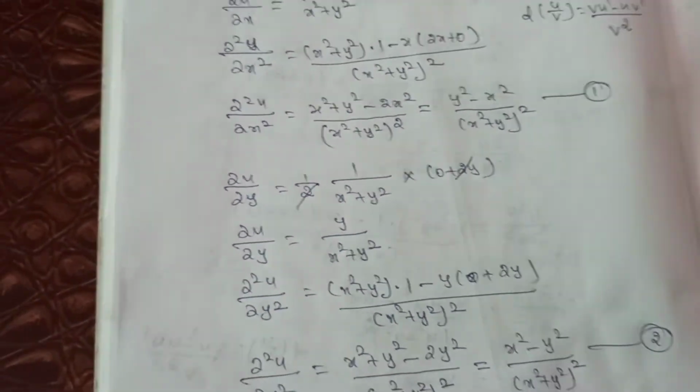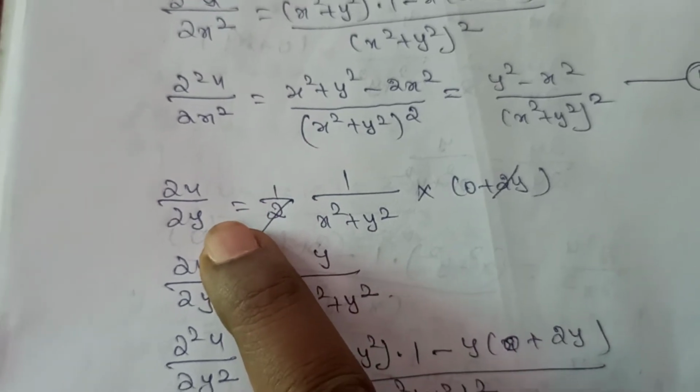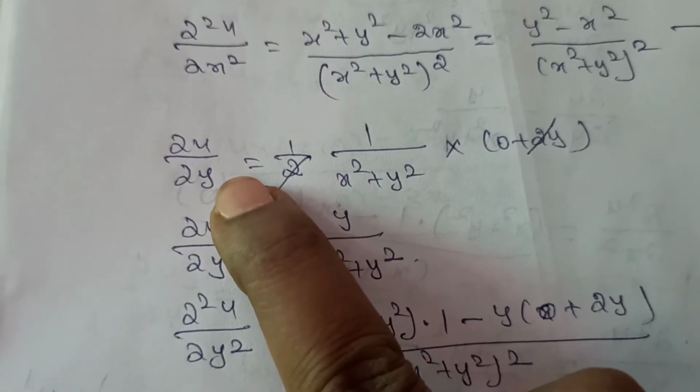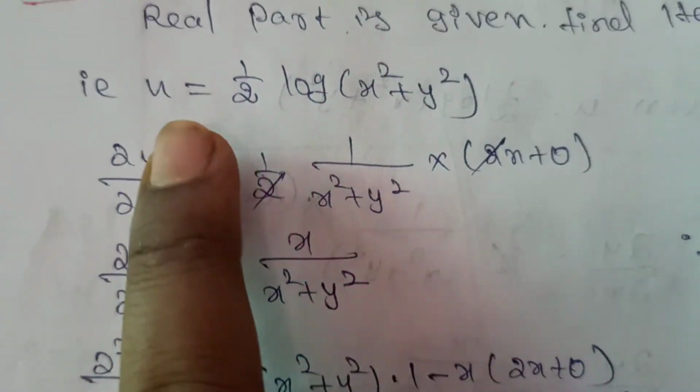Okay, and next we want to find ∂u/∂y, that is partial with respect to y. Again you take the u equation.